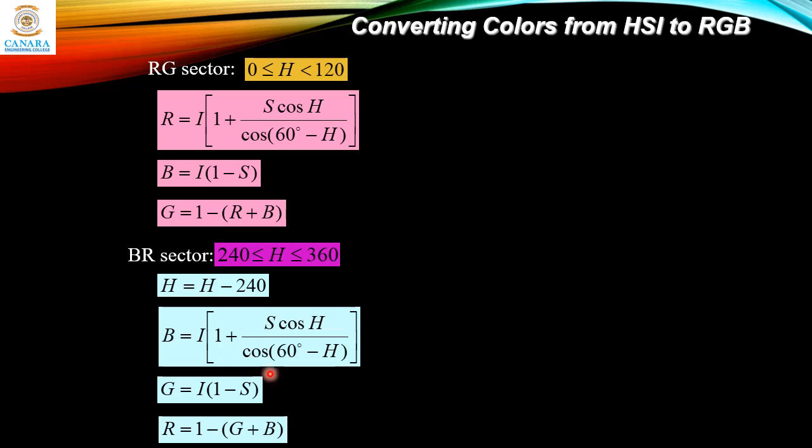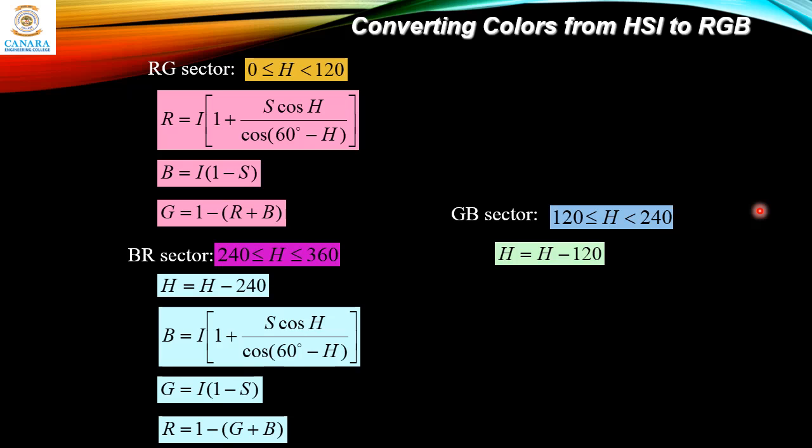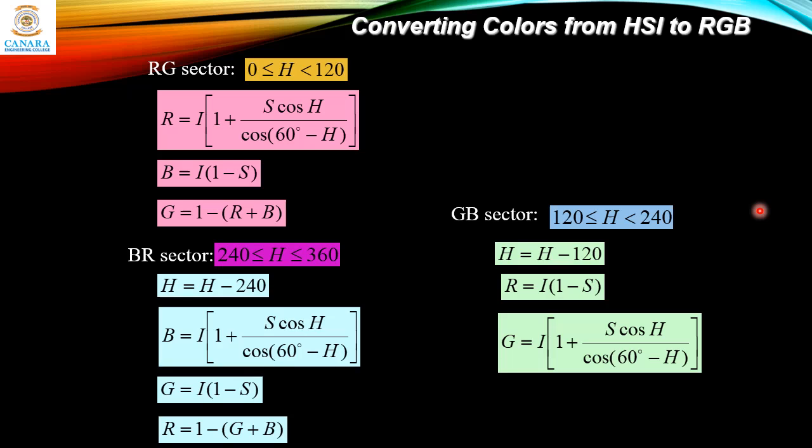This is for the BR sector. The last sector is the GB sector, which is 120 to 240 degrees of H, and for this H is equal to H minus 120, and R is equal to I into 1 minus S, and G is equal to I into 1 plus S into cos H by cos of 60 degrees minus H, and B is equal to 1 minus (R plus G).